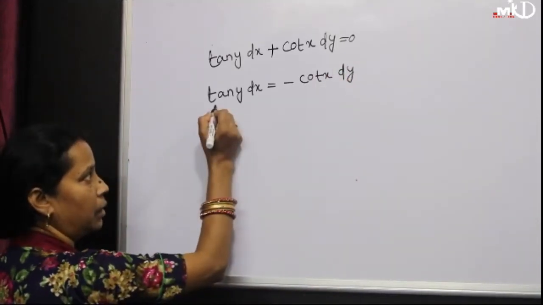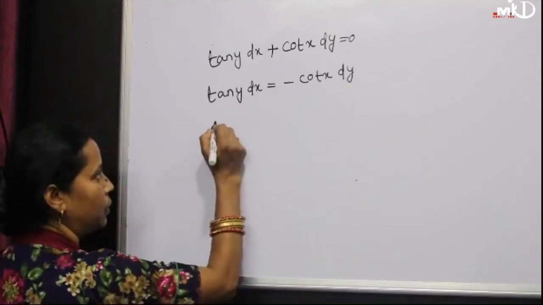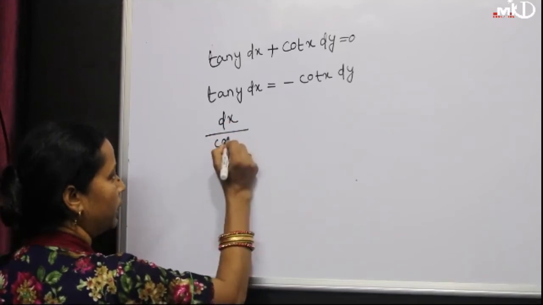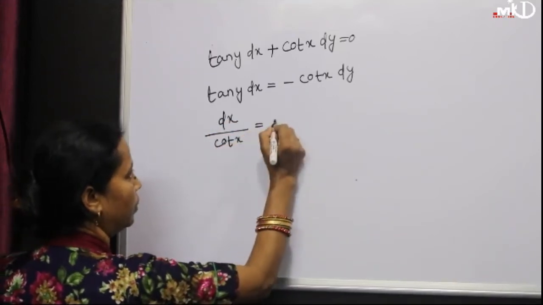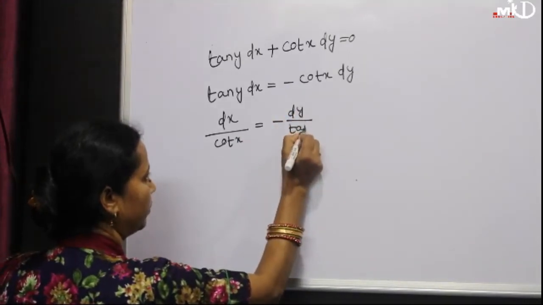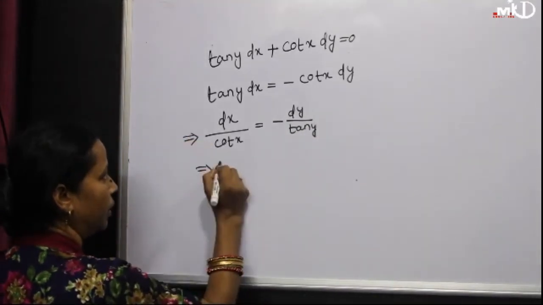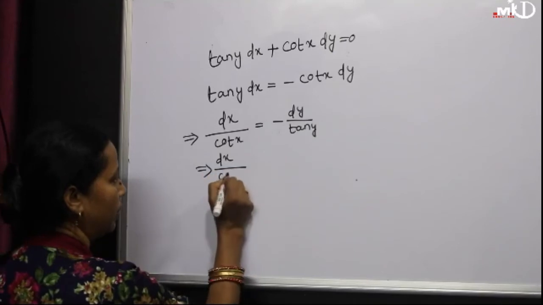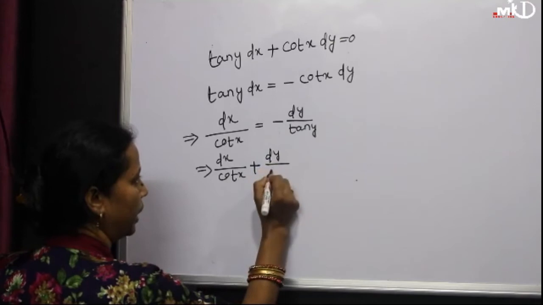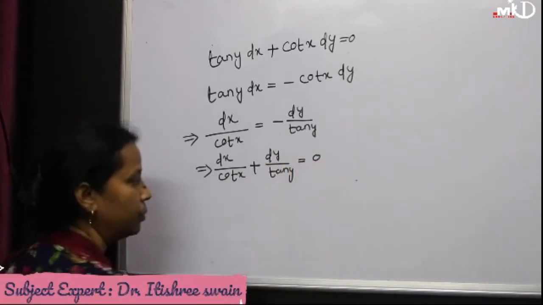So here now we find the y function in the right side. So we get dx by cot x is equal to minus dy by tan y, or we find dx by cot x plus dy by tan y is equal to 0.